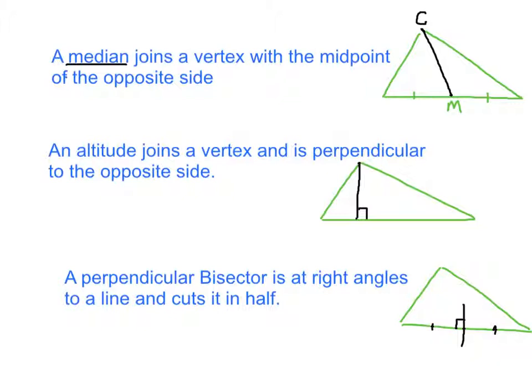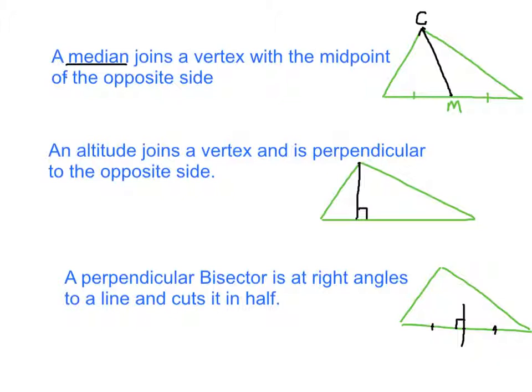Think of median in the middle of the road, median through the middle of data. It cuts the opposite side into two equal halves. It may not necessarily be at right angles to the opposite side.